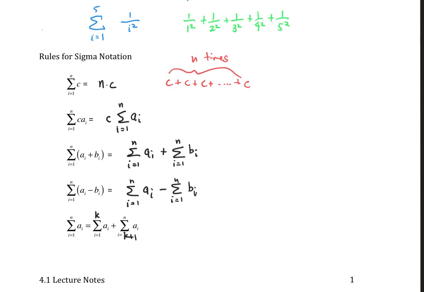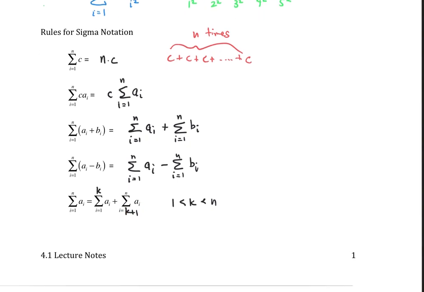And this is provided, of course, that k is between 1 and n. So this is basically splitting off the first k terms into one sum, and then having the rest of it, the tail part, be the rest of the sum.